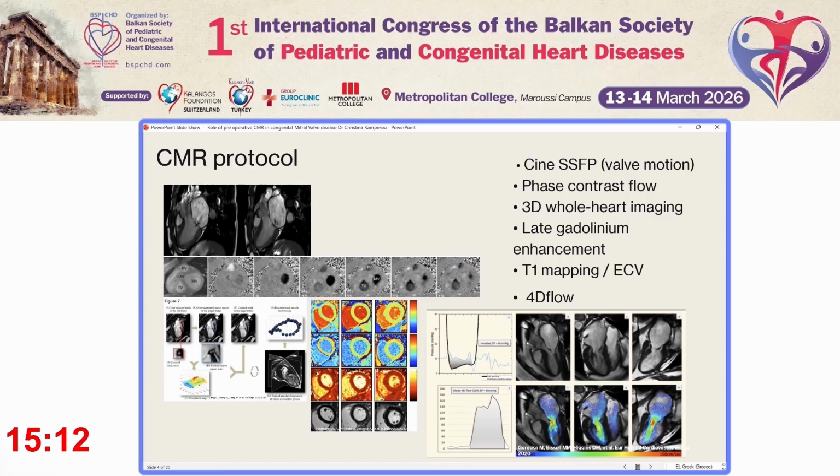Emerging techniques such as 4D flow further expand our ability to evaluate complex intracardiac hemodynamics. Together, these sequences allow CMR to provide a comprehensive assessment of mitral valve anatomy, hemodynamics, and myocardial remodeling in one single examination.